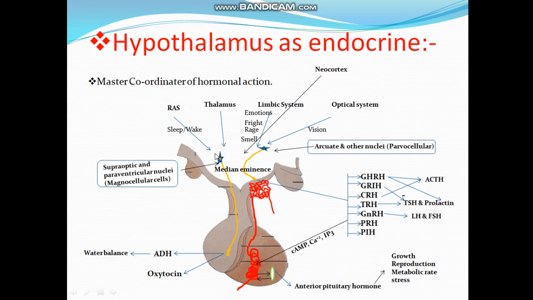Now come back to the hypothalamic part. As we see here, they receive signals from the reticular activating system, from the thalamus, from the limbic system, from the optic system, and distantly from the neocortex also.